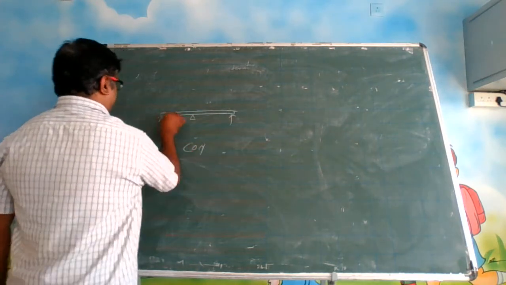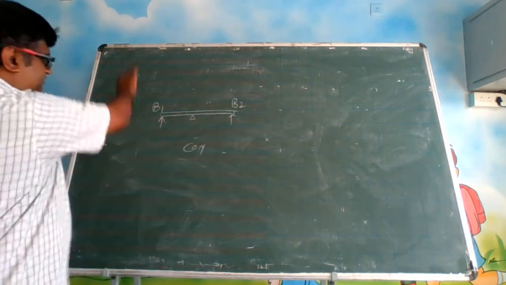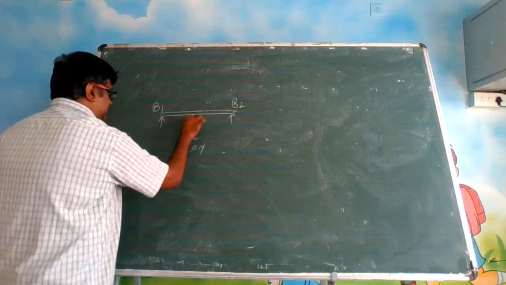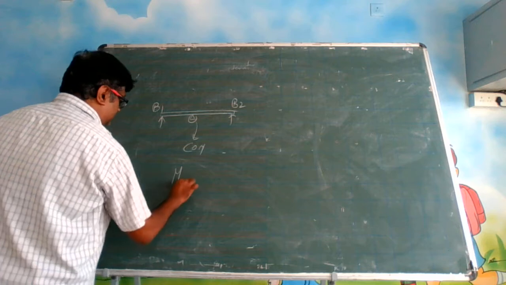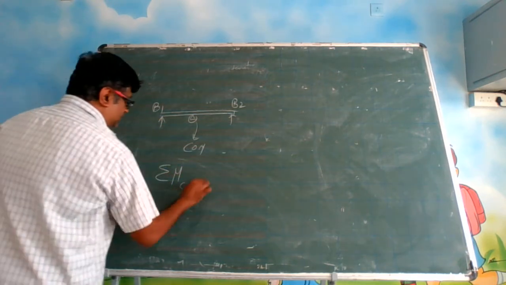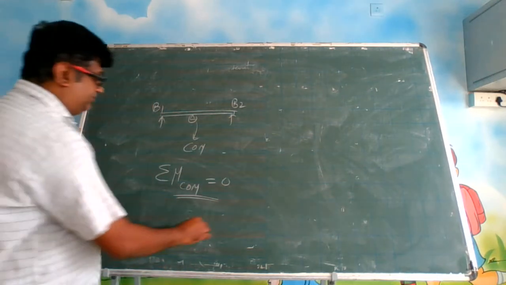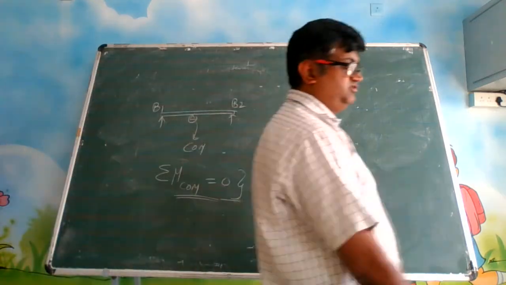Let us say that is this. So the moment about center of mass is equal to 0. This is a very useful condition you can apply for cracking many questions.